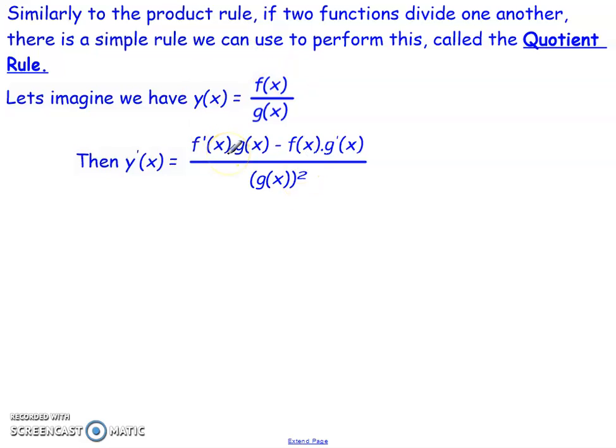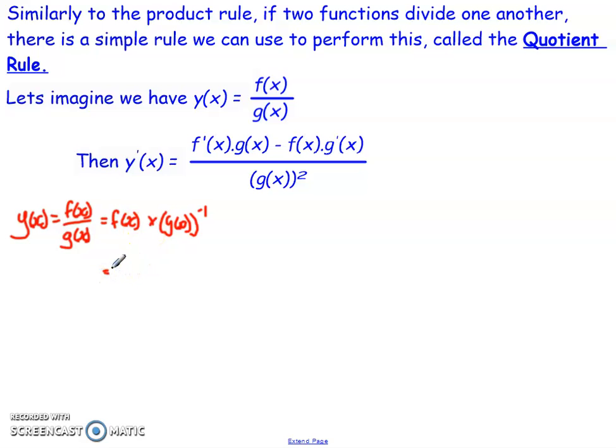Now this is actually fairly straightforward to prove. If we imagine we take y of x equal to f of x over g of x, we can actually write this as a product of two functions by bringing the g of x up and changing its index to a negative value. So we end up with f of x times g of x all to the negative 1. And now that we've got this, we can use the product rule.